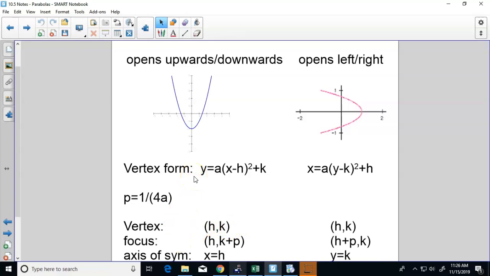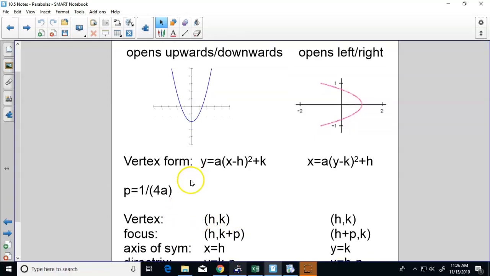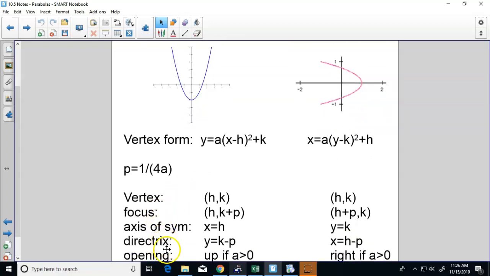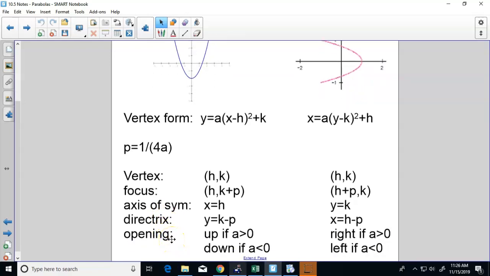For a parabola, we are going to have a focus, an axis of symmetry, and a directrix, and then you have to be able to tell the opening either opens upward or opens downward. So that focus, axis of symmetry, and directrix are those three characteristics that we have to know.